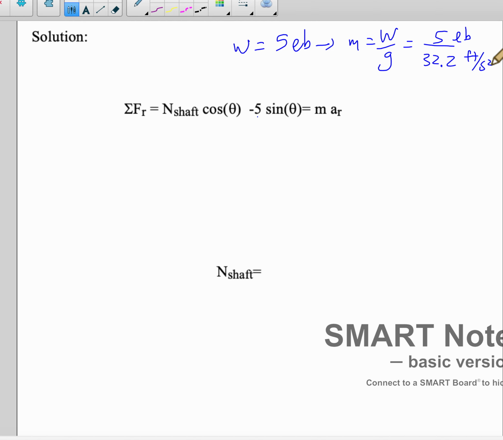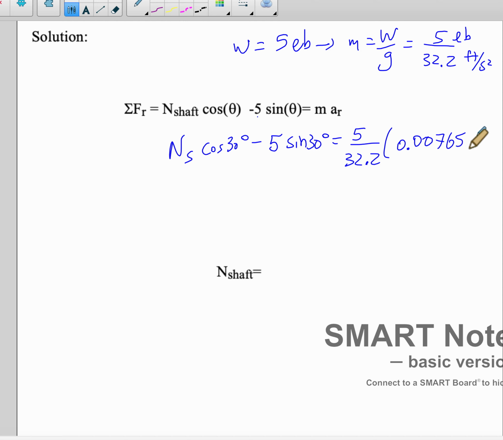So we substitute in: normal shaft, 30 degrees minus 5, that's the weight, sine 30, is the mass times the radial acceleration, which was 0.00765. So we solve for the normal force from the shaft and get 2.888 pounds of force.